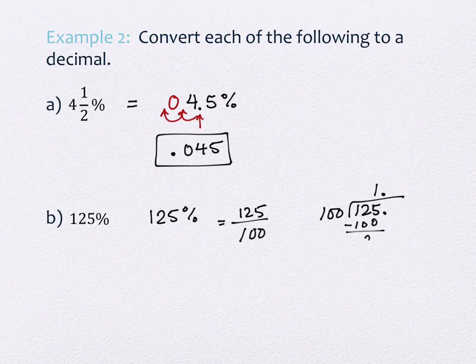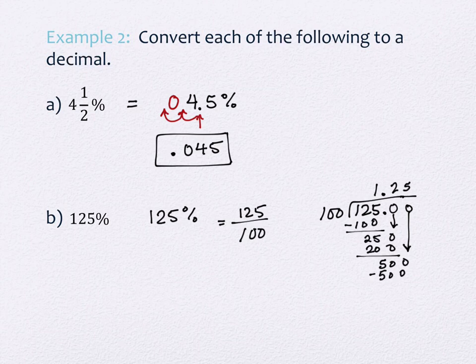Then I have 25 remaining, and I'll bring my 0 down. How many times will 100 go into 250? 2 times, and that's 200 with a remainder of 50. Then I'll bring my 0 down, and 100 will go into 500 5 times, giving me 500 and a remainder of 0 to stop. My decimal value is 1.25, or 1 and 25 hundredths.